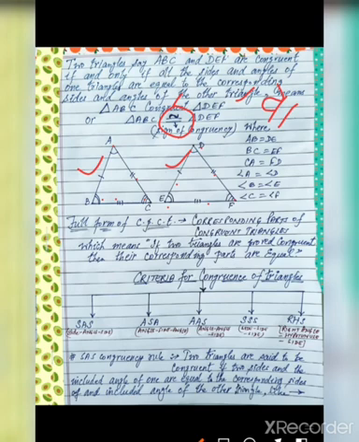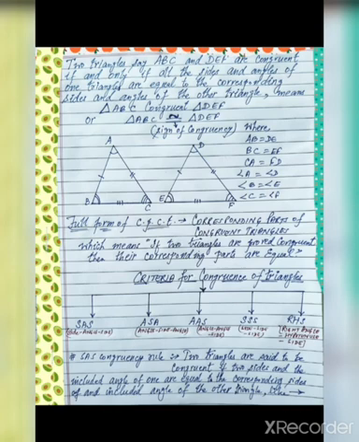Here I have written on your right hand side also, note it down: side AB equals DE, BC equals EF, CA equals FD, angle A equals angle D, they are all corresponding.